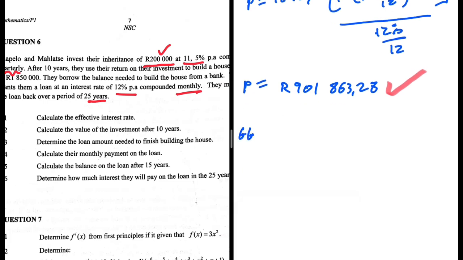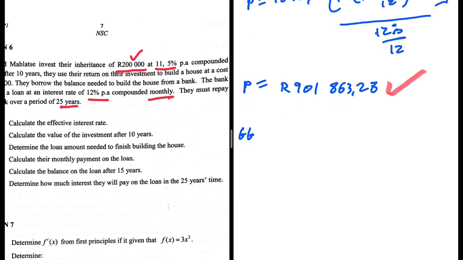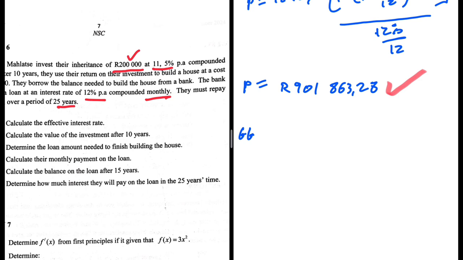6.5, 6.6, determine how much interest they will pay on the loan in the 25 years time. So the interest paid on the loan in the 25 years time is a matter of saying the total payments minus the loan amount.